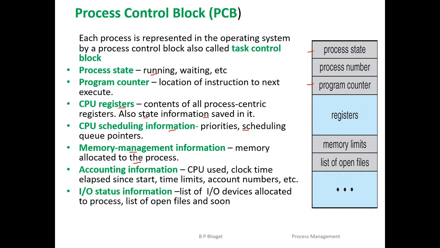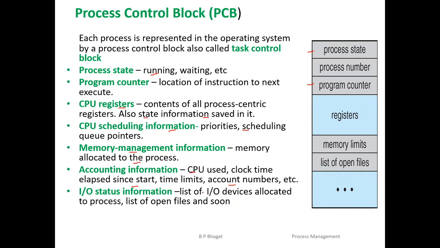Then the accounting information. It includes how much CPU time has been used by the process, the time limits, the start time of the execution of the process, the account numbers, the job or process numbers, and so on. So all the information related to the process is available here. Then next is the IO status information.